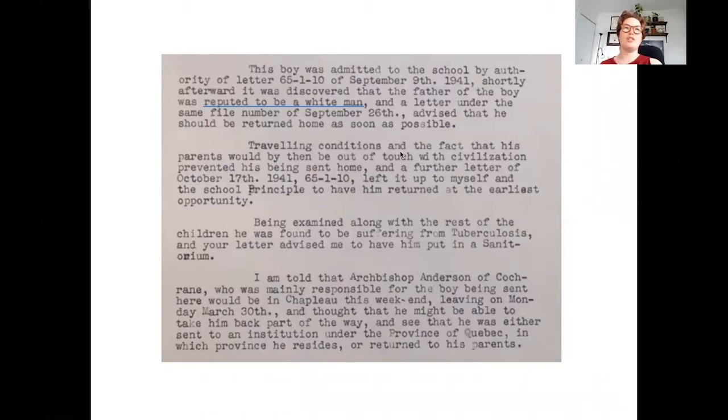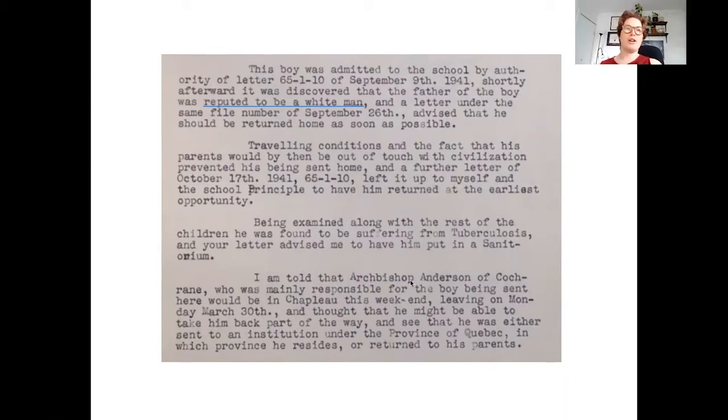Traveling conditions and the fact that his parents would by then be out of touch with civilization prevented his being sent home, and a further letter of October 17th, 1941, left it up to myself and the school principal to have him returned at the earliest opportunity. Being examined along with the rest of the children, he was found to be suffering from tuberculosis, and your letter advised me to have him put in a sanatorium.